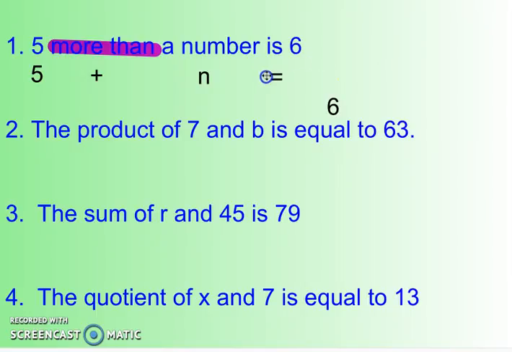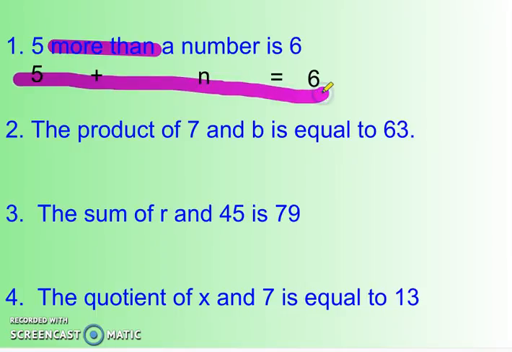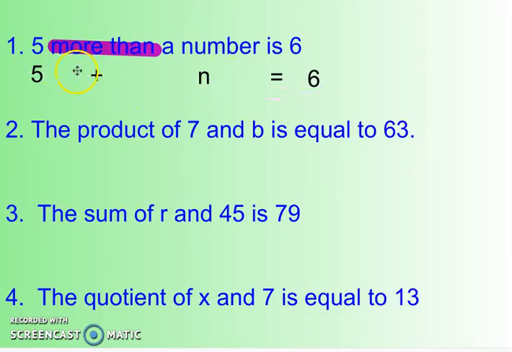And then is means equals. And then we have our other number 6. In this order, this is actually our equation. 5 plus n equals 6. And I'm going to get rid of this so you can see it. But 5 plus n equals 6 is my answer. And that is what an algebraic equation looks like.